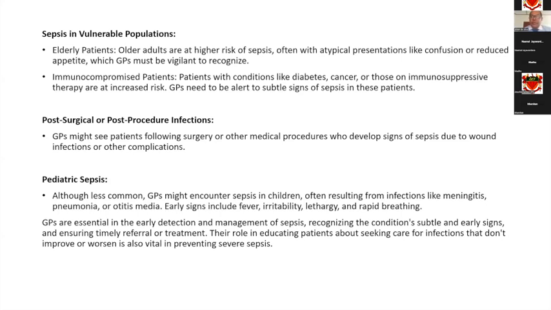So as you all understand, prevention is an important thing, as we all knew from very long before. But early detection and management of sepsis is essential at the GP level, because with all these presentations, what we gathered was that time is the factor. The delay, of course, can happen at the primary care level.